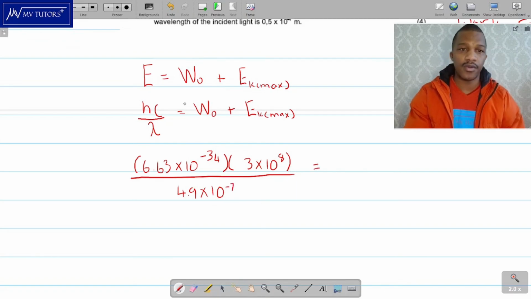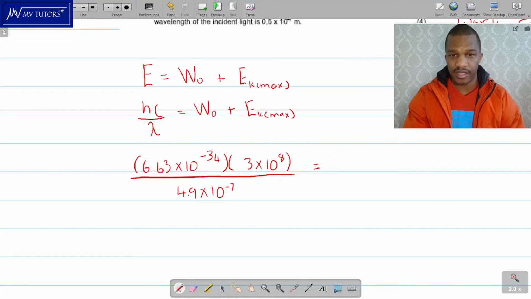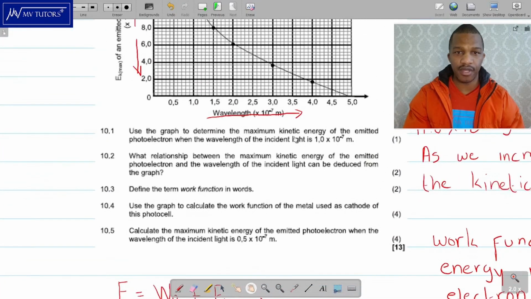Okay, we just filled this in. Now we come to the other side of the equal sign, the work function, which is what we're looking for. Our maximum kinetic energy we also get from the graph.